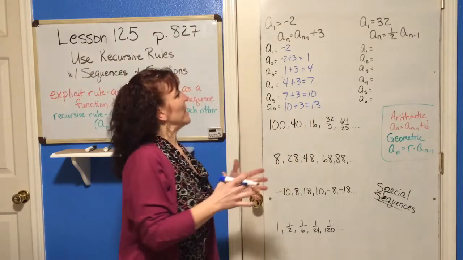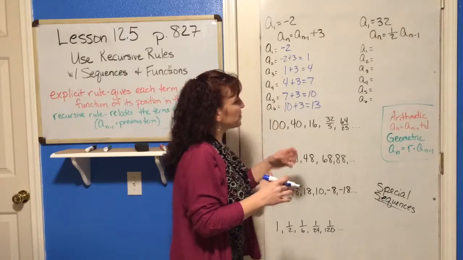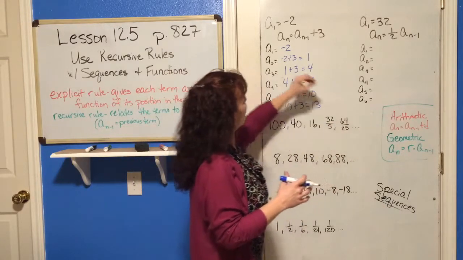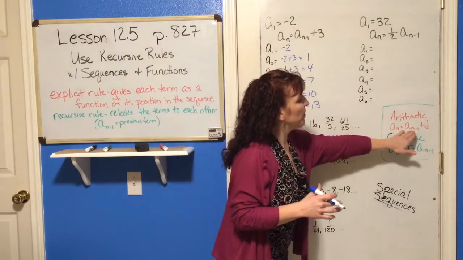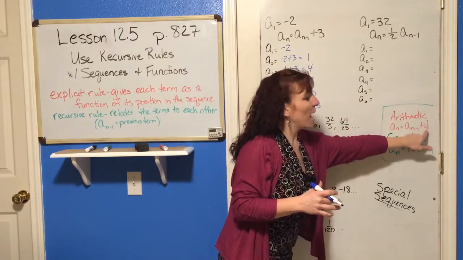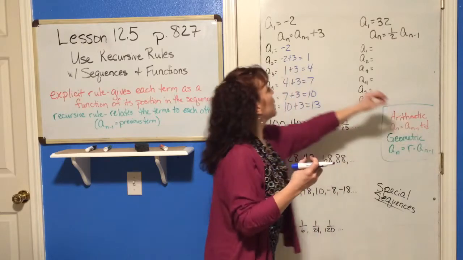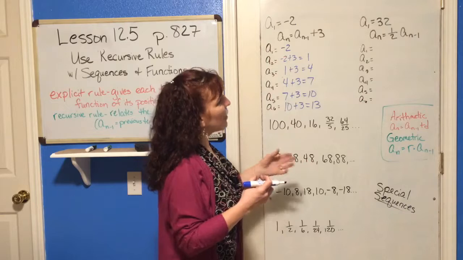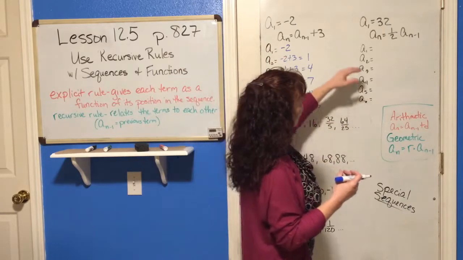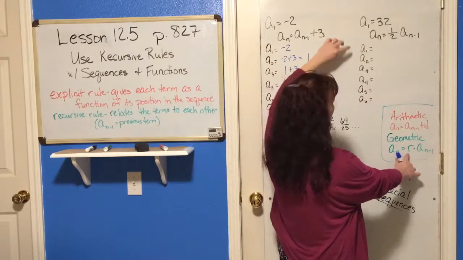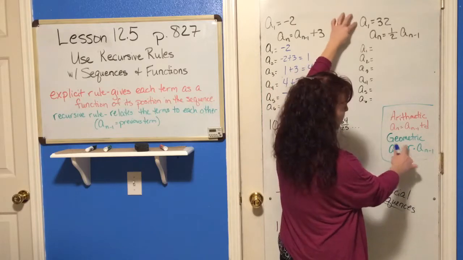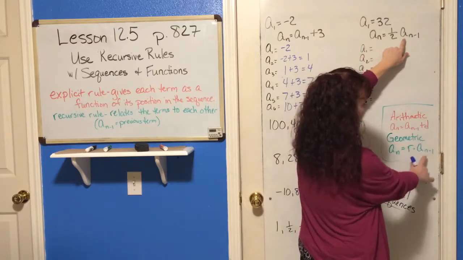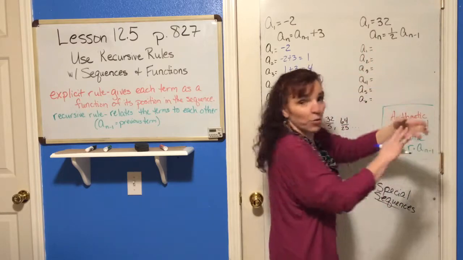All right, so you can see this is actually an arithmetic sequence, because what we're doing is we're starting with the previous term and we're adding that common amount. So we're adding 3 to each term. Now in a geometric rule, we're still going to start with an initial amount, and then we're going to take that initial amount and multiply it by the rate.